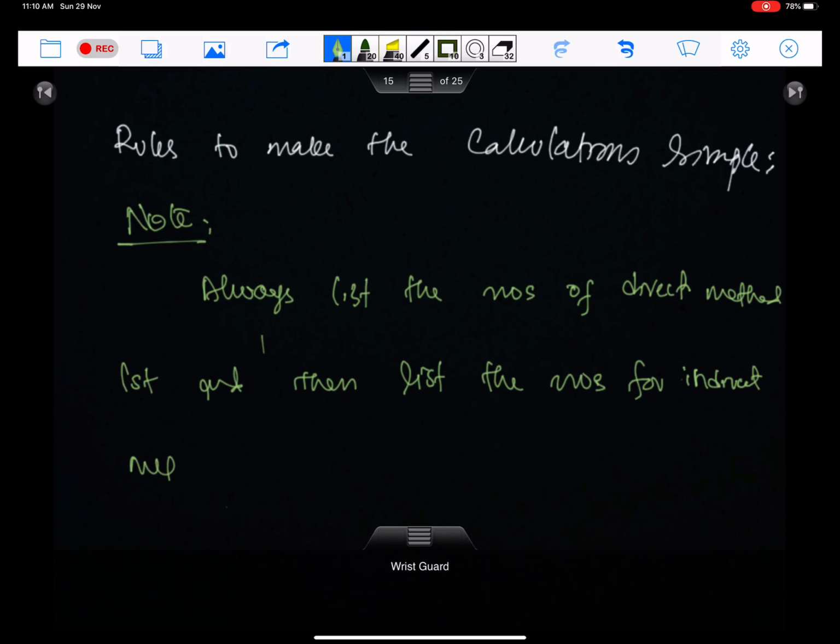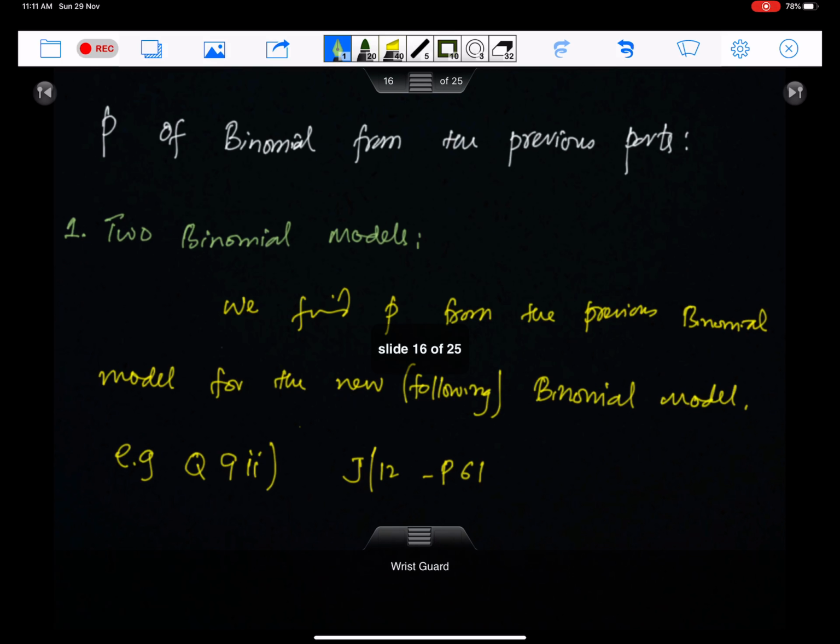This is the way to avoid careless mistakes. Must list the numbers for the direct method first, and then with the help of those numbers you can list the numbers of the indirect method. I mean, avoid the shortcuts. If you avoid shortcuts, you will be able to eliminate careless mistakes, hopefully.